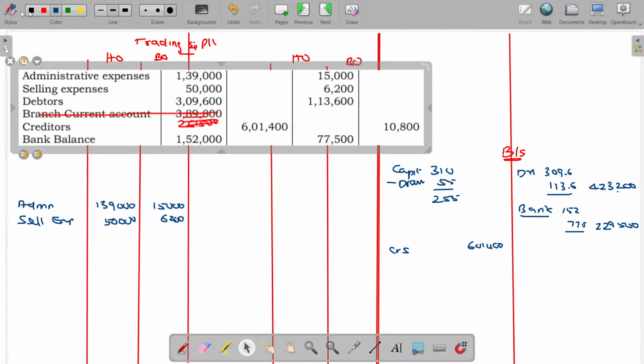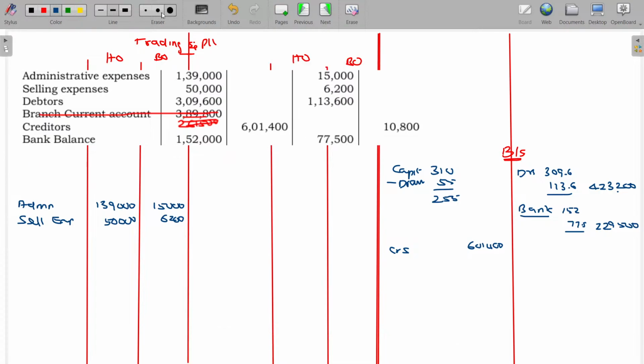Okay. 601.4, 10.8. What is the total then? 6 lakhs 12,200. Okay.